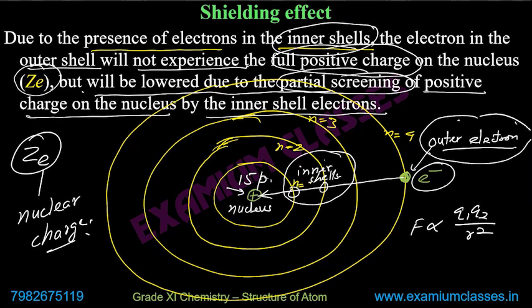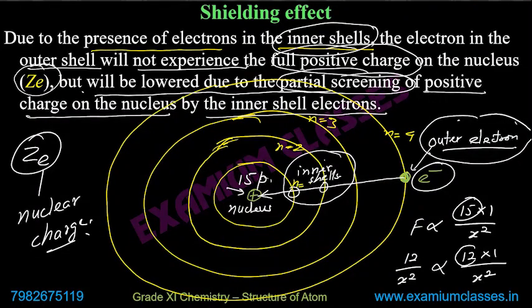So say earlier it was 15 into 1 divided by some x square. So effectively, it would have been 15 divided by x square, but say it is not 15 divided by x square, it is rather 12 divided by x square. It means I can write it as 12 into 1 by x square. It means instead of 15, nuclear charge is now being considered as 12.